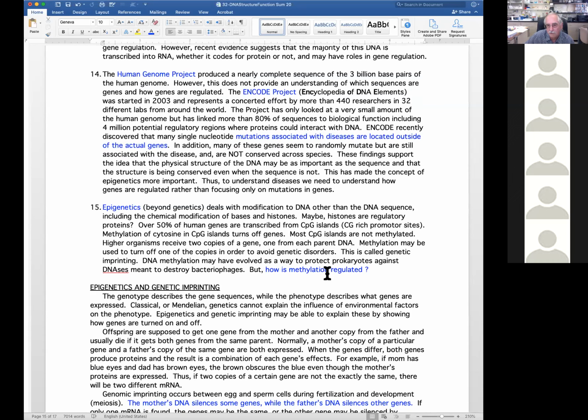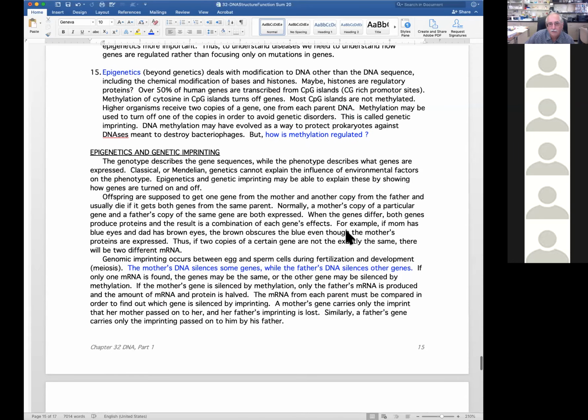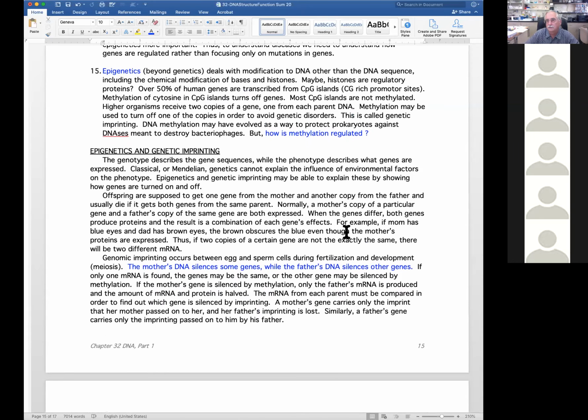So what does that mean? You take the C and you methylate it, you turn off that gene. Okay, so now you have gene regulation by a methyltransferase. But who regulates that methyltransferase now? It just gets more and more complicated.